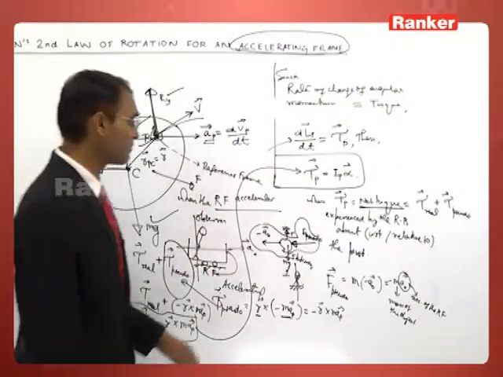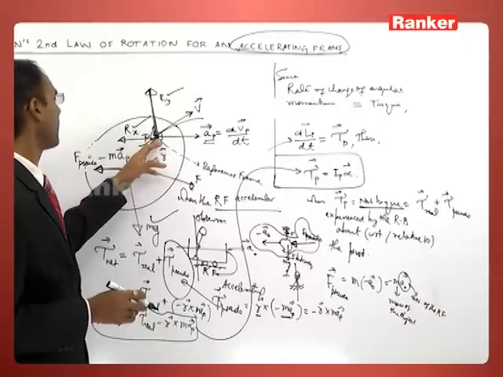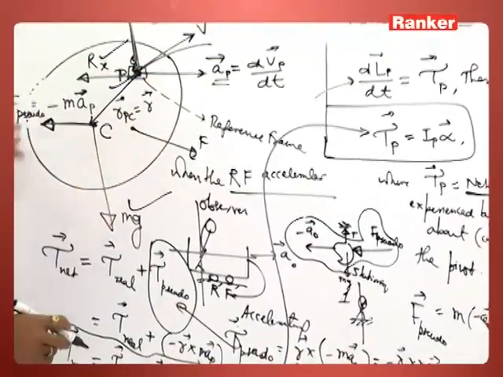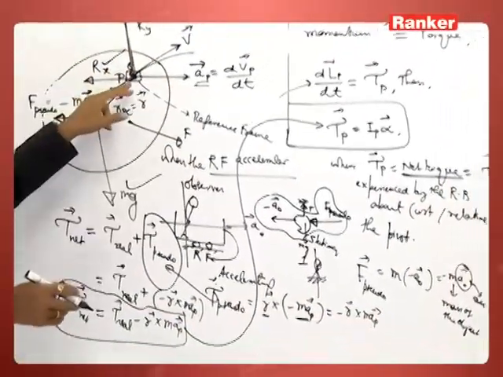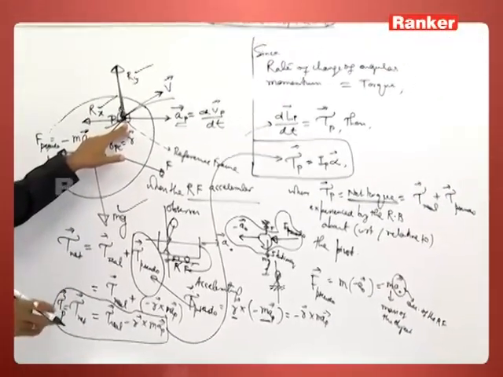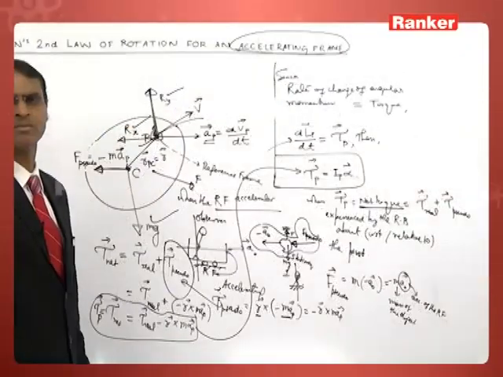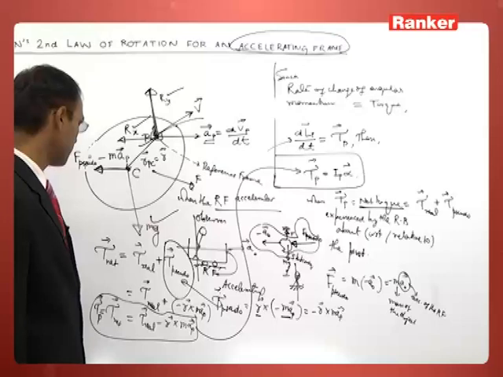So this is the meaning of the net torque experienced by, or acting on, the rigid body when you are writing the torque equation with respect to the pivot or sitting on the pivot. This is an accelerating frame.